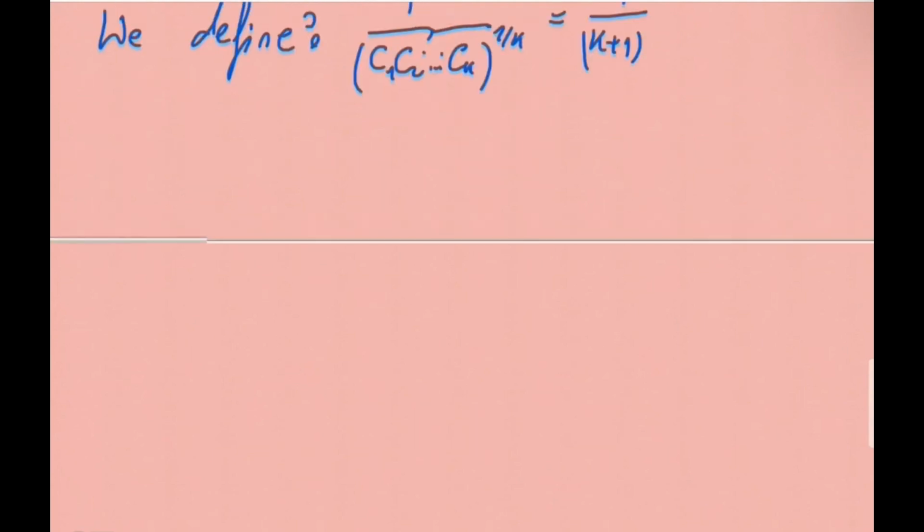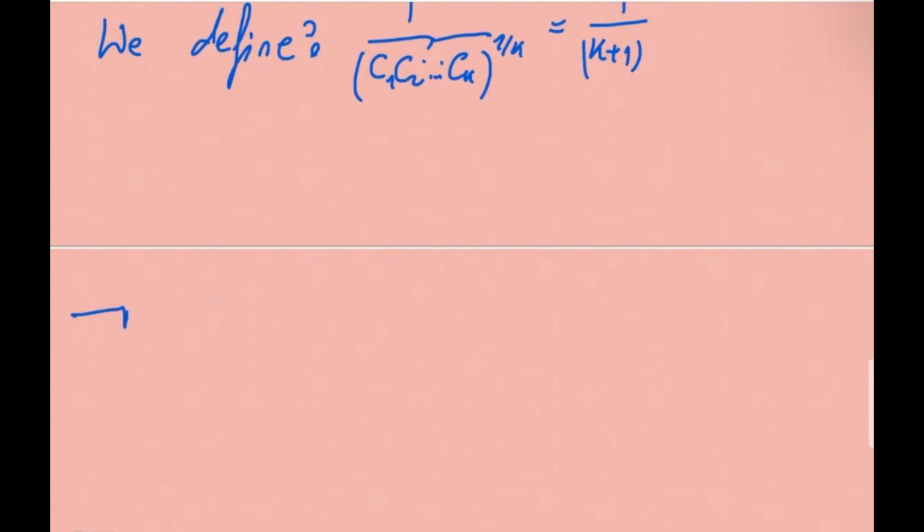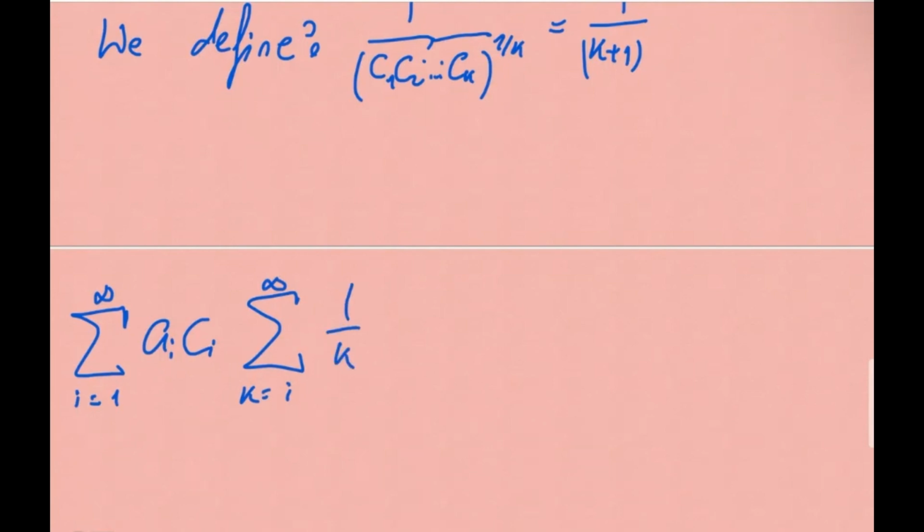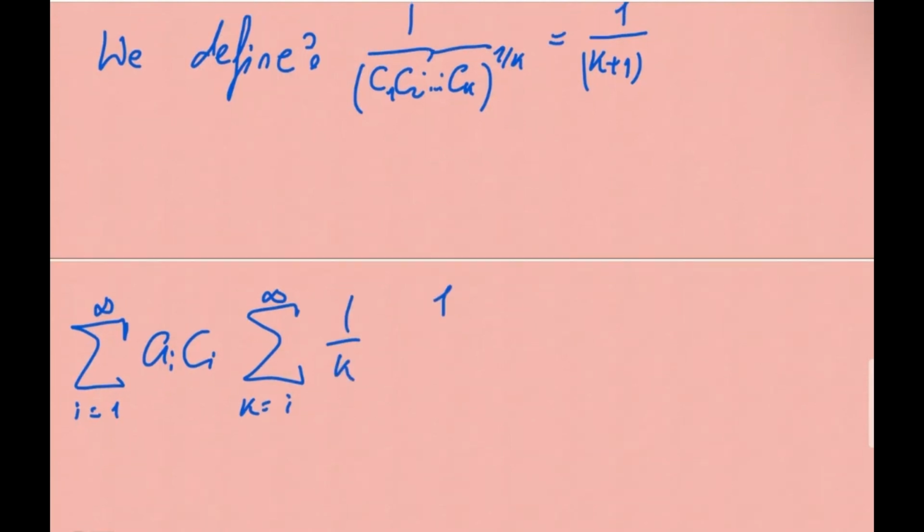Let's write it out. Continuing the summation from i equals 1 to infinity, we have something in between: these a_i's and c_i's. So a_i c_i, summation from k equals i to infinity of 1 over k times 1 over (c_1, c_2 till c_k) to the power of 1 over k.